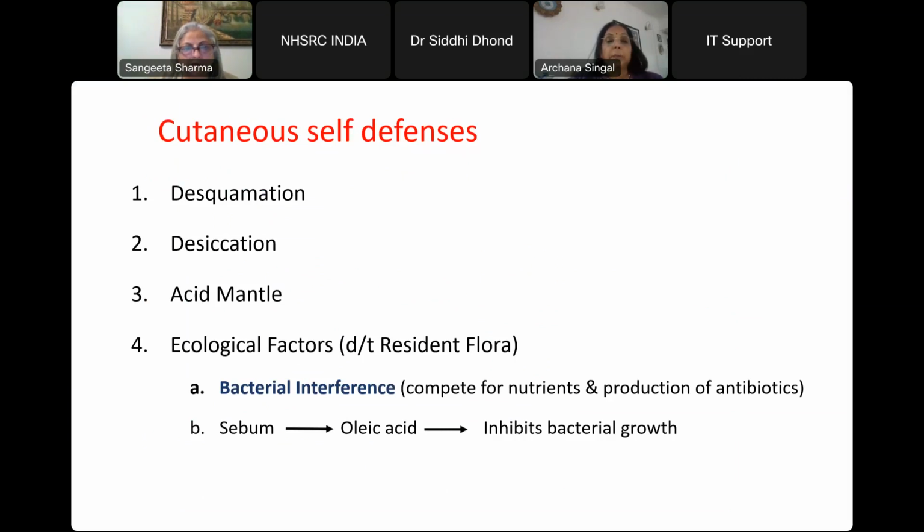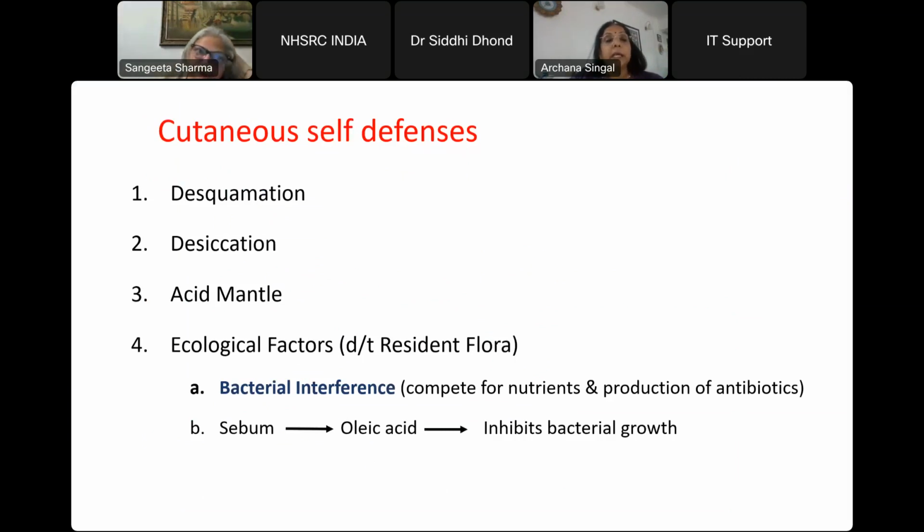They help in cutaneous self-defense. That means they help prevent skin infection by other pathogenic bacteria. Okay, so how does that happen? They are on the surface of the skin. So by desquamation, the pathogenic bacteria get dislodged. Desiccation means when there is a dry atmosphere, or the acid mantle is also protective.